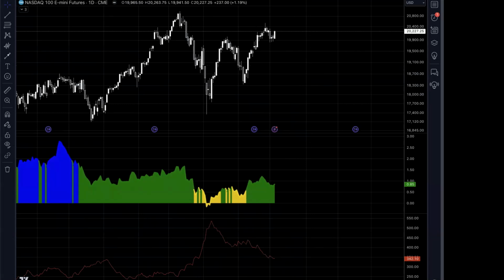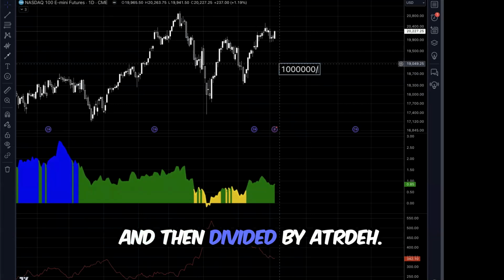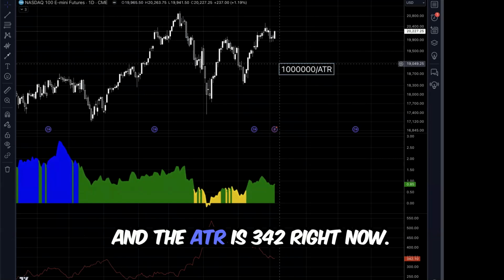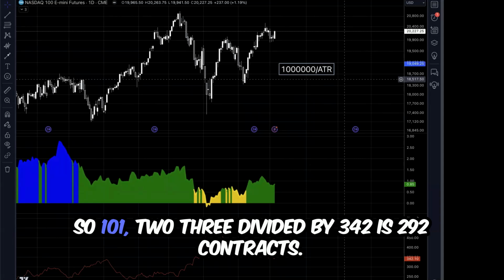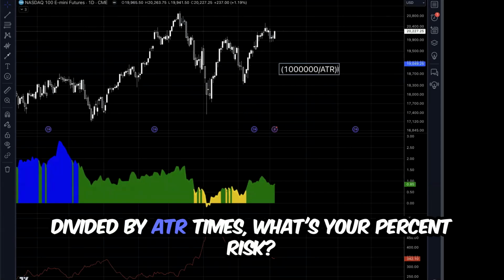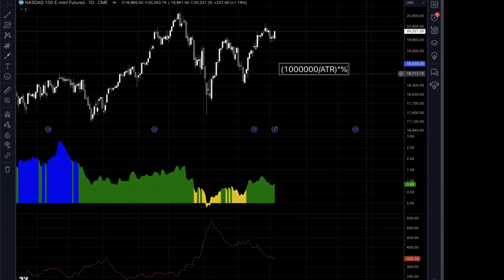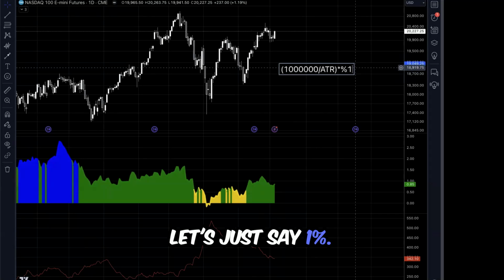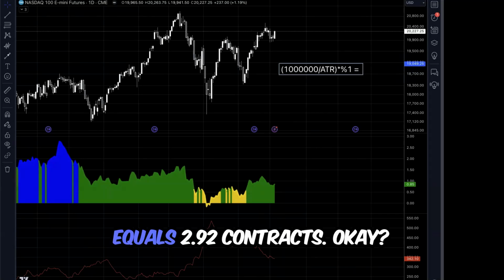So today, for example, let's say I have a $100,000 account, divided by ATR. And the ATR is 342 right now. So 1,000 divided by 342 is 2.92 contracts. So portfolio value divided by ATR times your percent risk, let's just say 1%, equals 2.92 contracts.